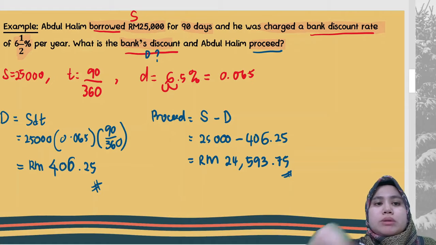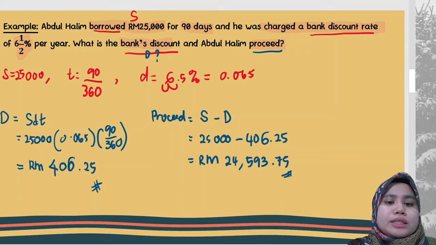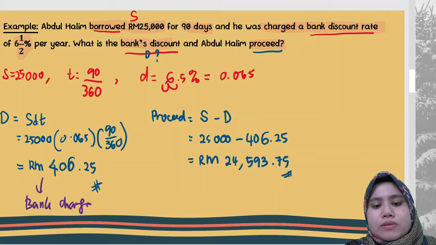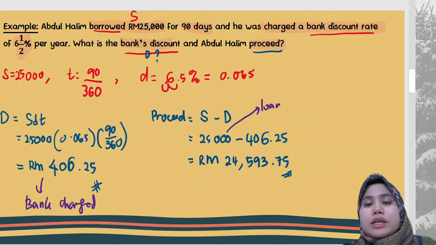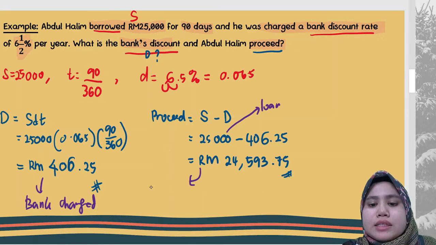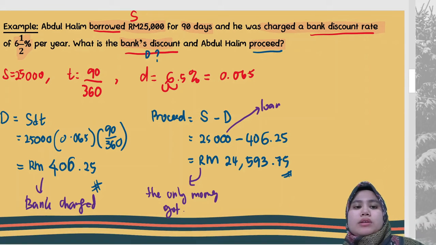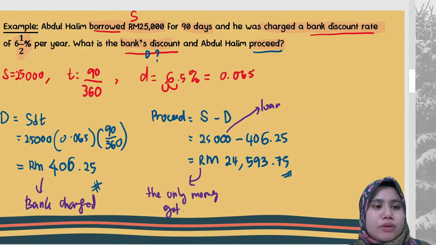So if you understand here, this is what the bank charges, this is the loan that you make, and this is the only money that you got. So that's the case for Abdul Halim.